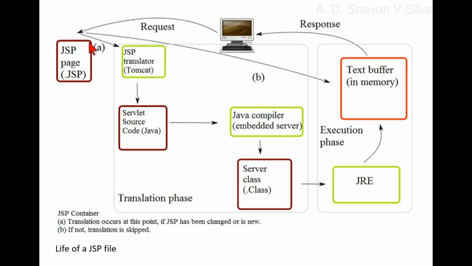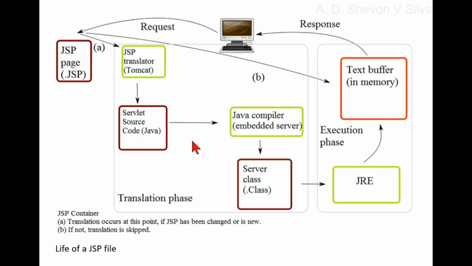If the translation occurs at this point, if the JSP has been changed or is new, then the JSP page is connected to the JSP translator, for example Tomcat, and the JSP translator is connected to the JSP source code in Java, and to the servlet source code in Java.